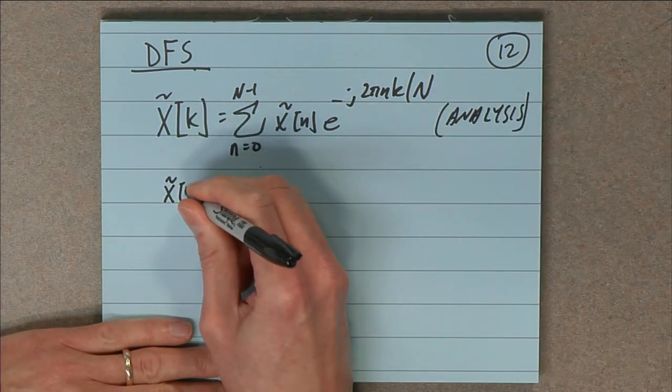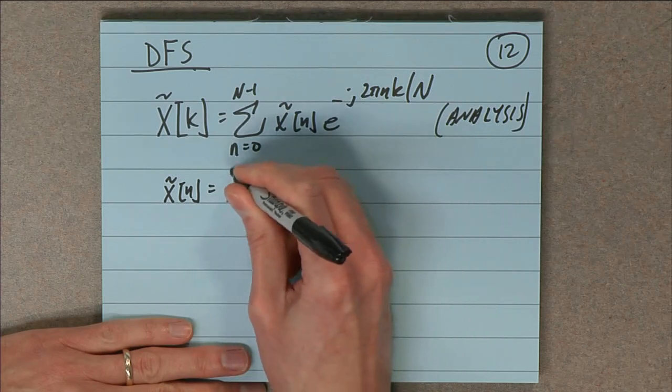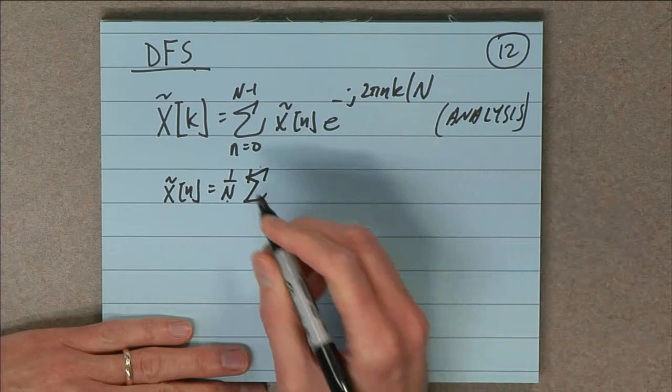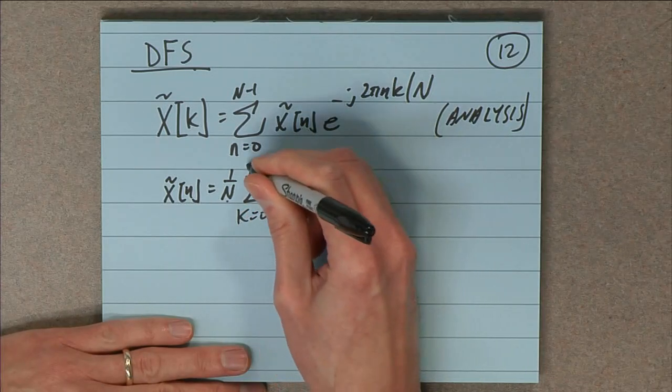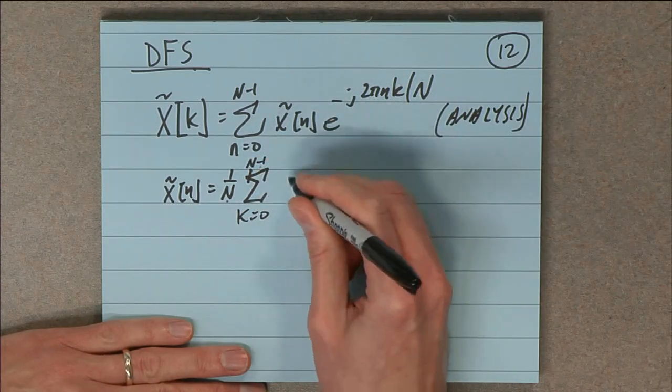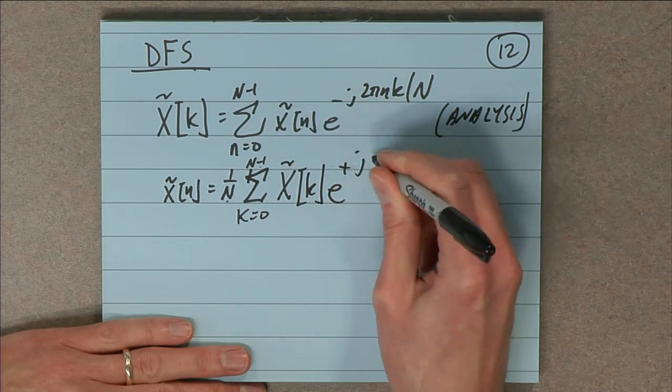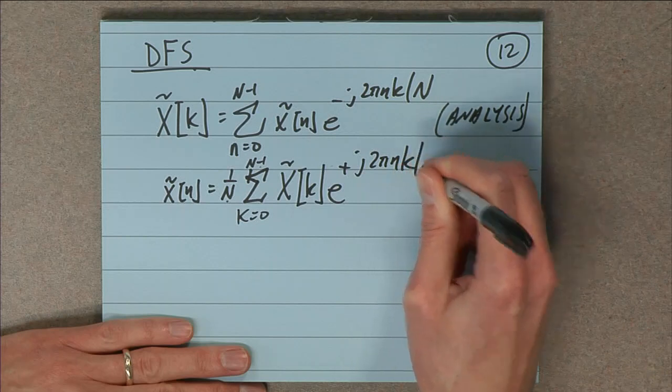And then little x of n is our, I guess we have 1 over n, this is our synthesis equation, e to the plus j 2 pi n k all over cap n.